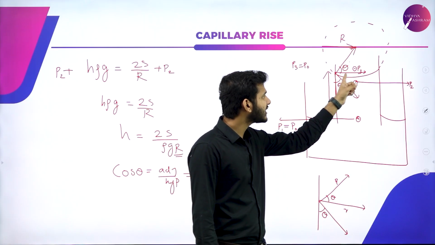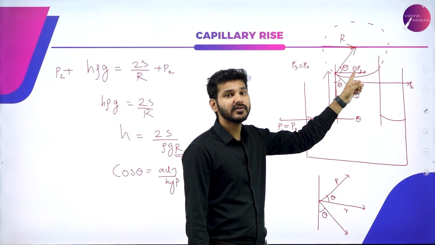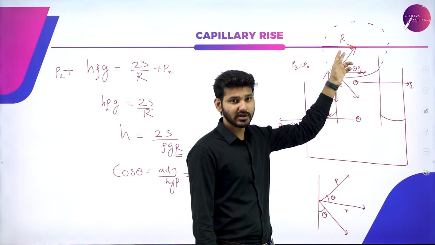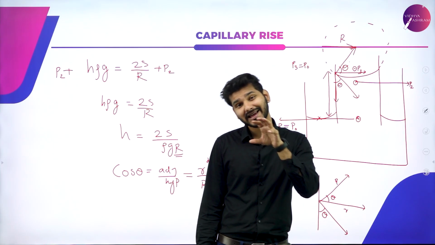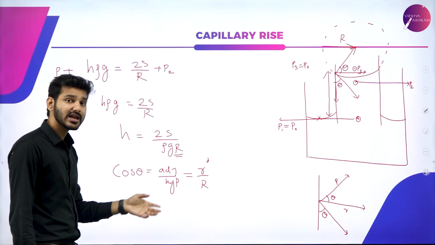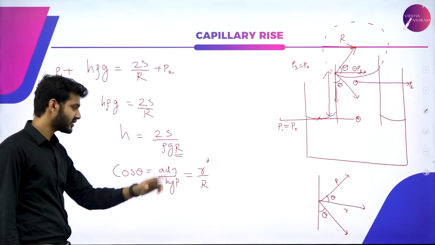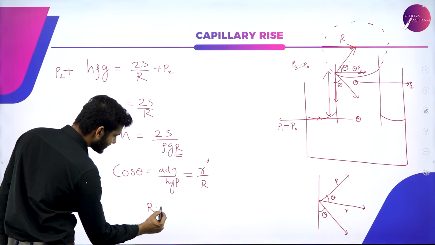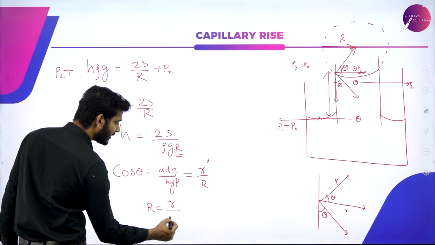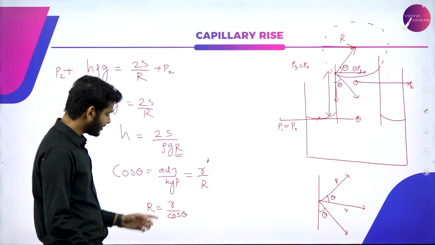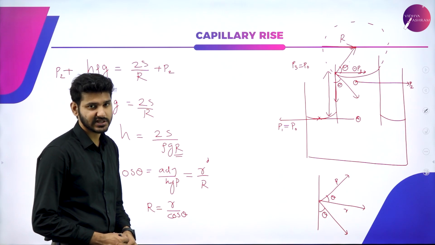So this small r will form a connection between the imaginary bubble we took and the actual situation that exists. So to form that mathematical connection, we are considering this trigonometric result. So again, we can say that R will be equal to small r divided by cos theta.